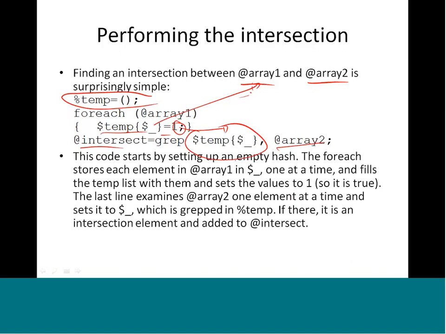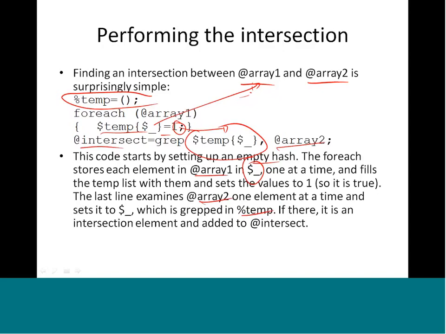So essentially the code starts by setting up an empty hash, stores each element in array 1 in $_ one at a time, fills the temp hash with them and sets the value to 1. The last line examines the array 2 one element at a time and sets it to $_, which is grepped in the hash temp.